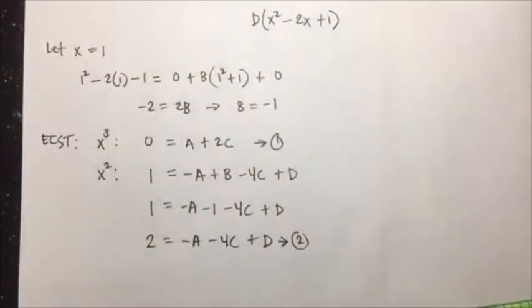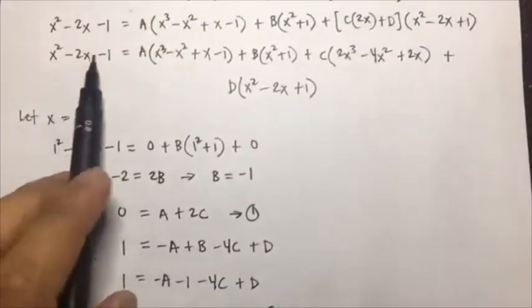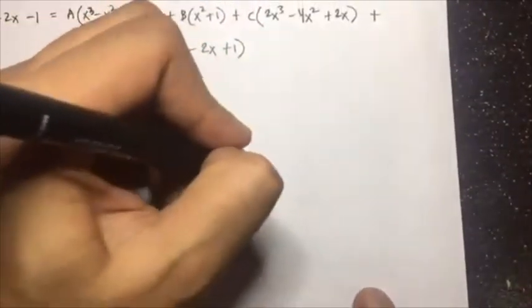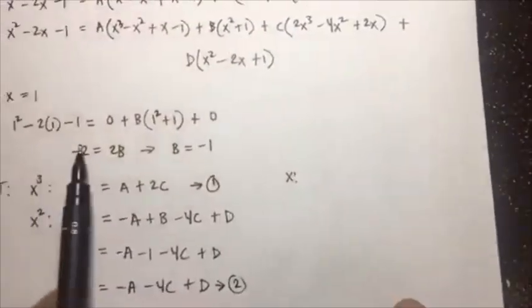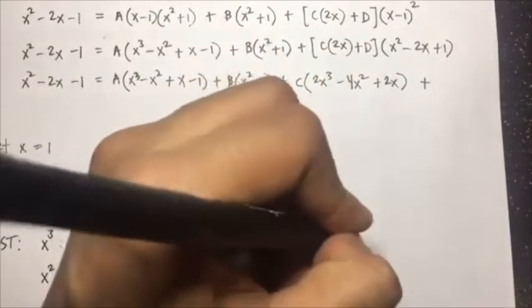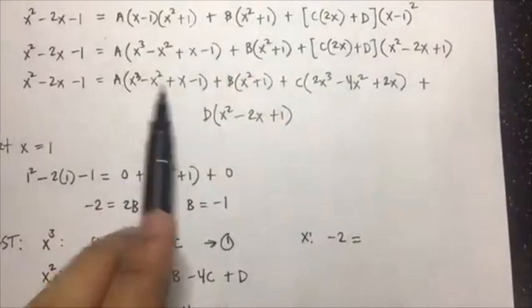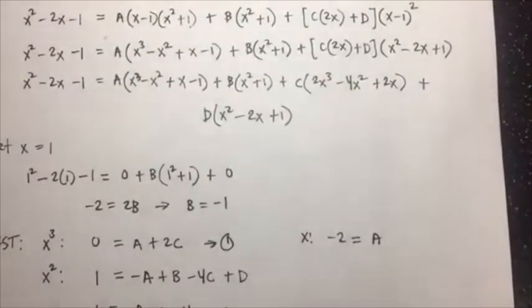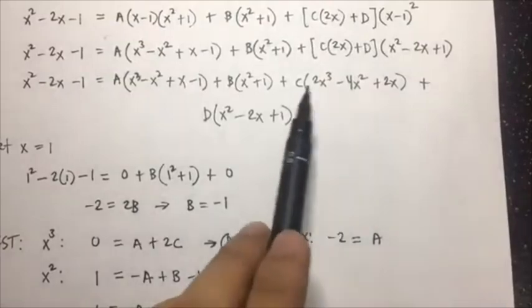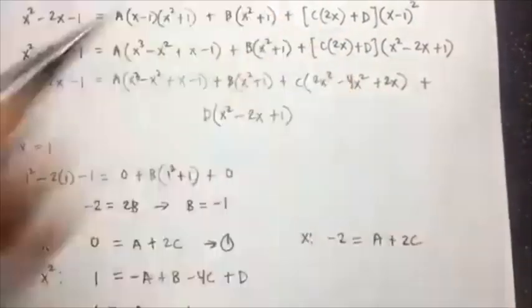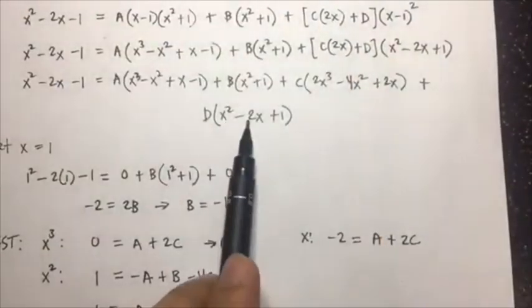Next is for x. On the left side we have negative 2 is equal to a plus 2c minus 2d.